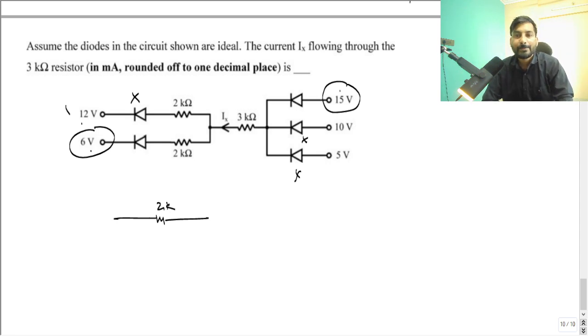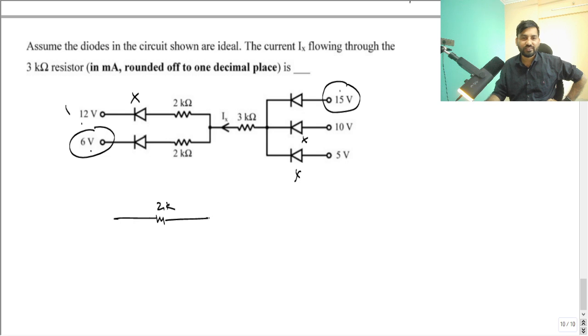You might have seen it in analog circuits. So these diodes will be off only. When the diodes are off, you can replace them by an open circuit. They are in reverse bias, and since the diodes are ideal, life is quite easy.